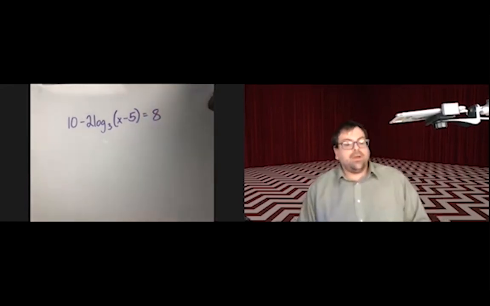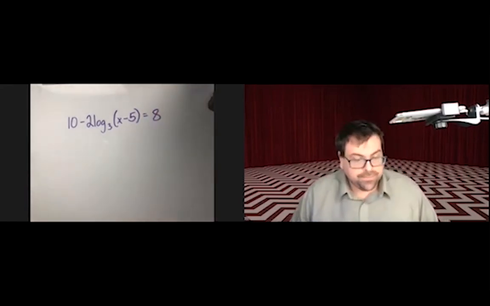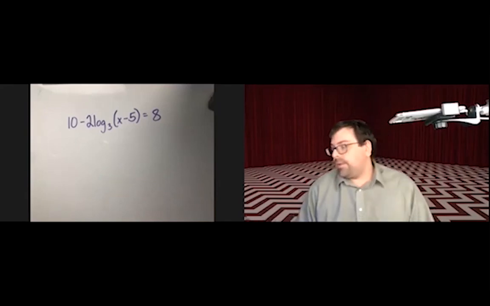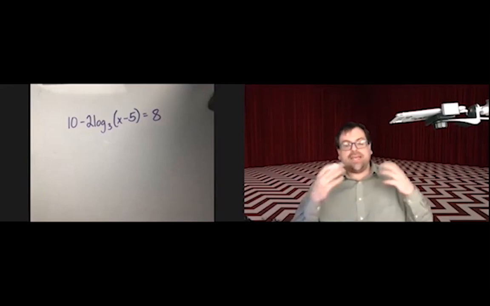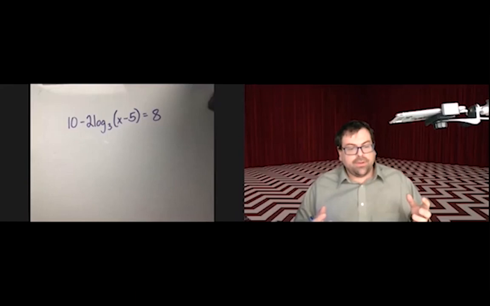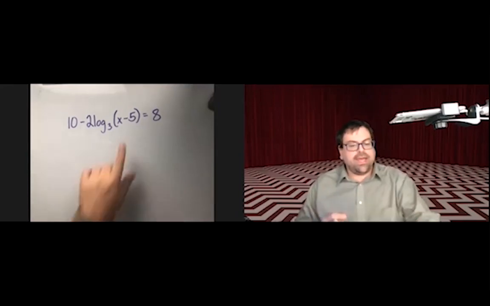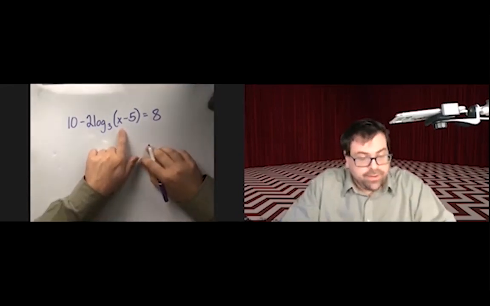Okay, our strategy. In the last one, we wanted to get the x by itself, but it was in the exponent. We ended up taking natural logs of both sides to get rid of that. Here, the x is inside a logarithm.